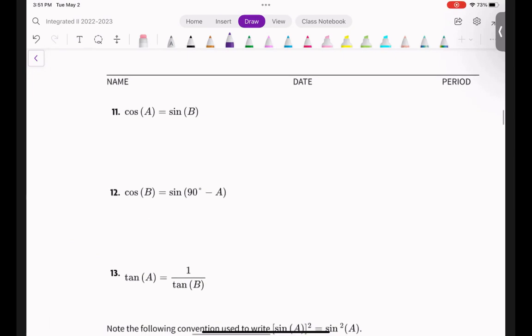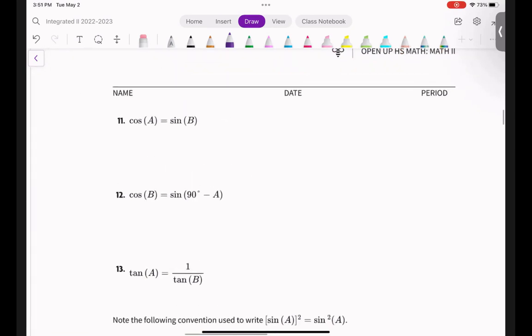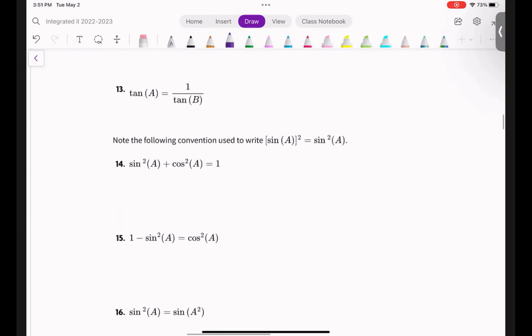I want you to go through these couple of ones here and see if those ones are true. And then we are going to check back together on those. Some of them will make sense and some of them won't.